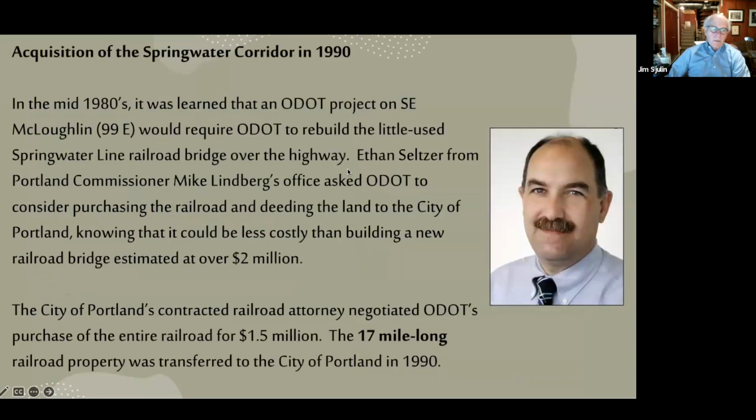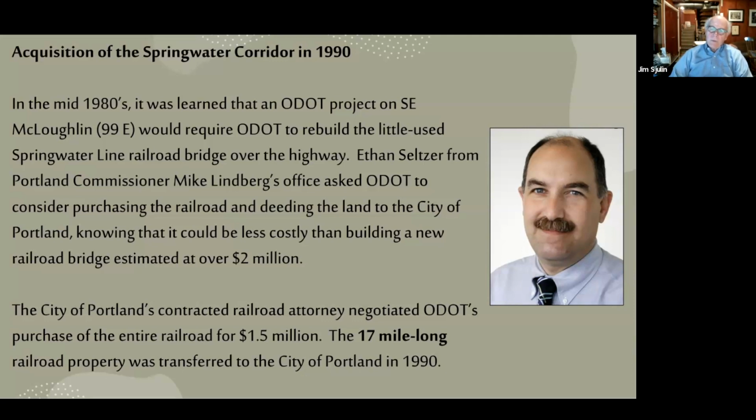This is a little photo of Ethan Seltzer, who is now a fellow retiree, but he worked for Commissioner Lindbergh back in the 80s, and he pulled off this fantastic deal where he realized that the Oregon Department of Transportation was going to have to rebuild a railroad bridge over Highway 99E in Southeast Portland.